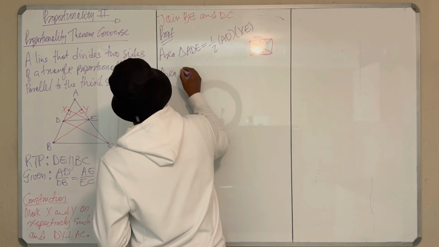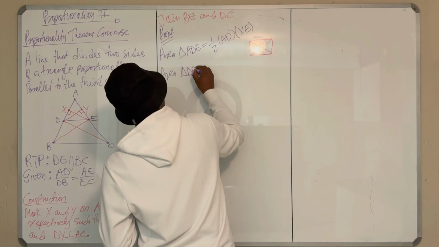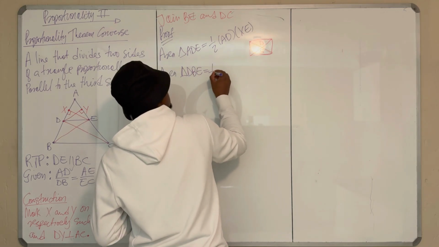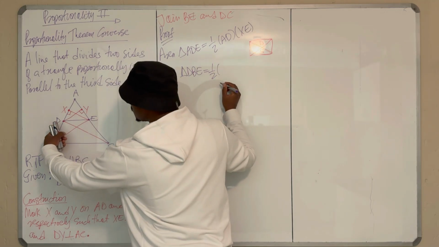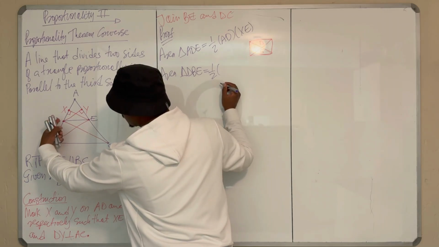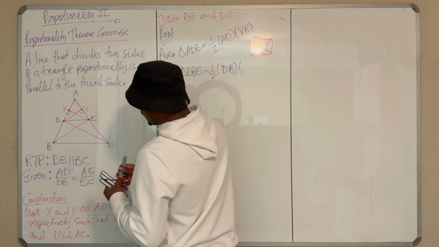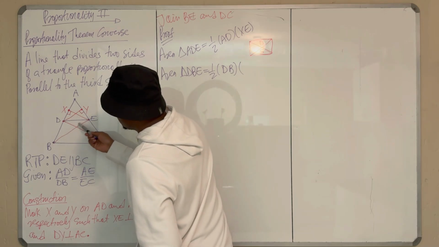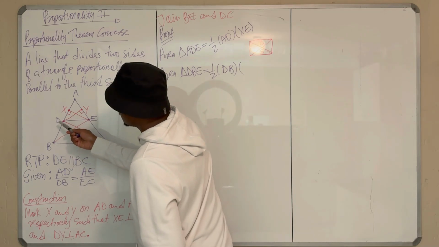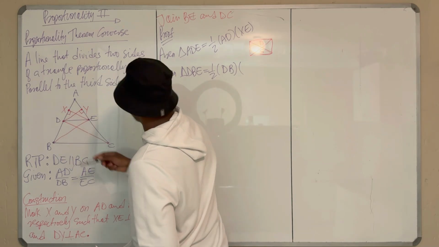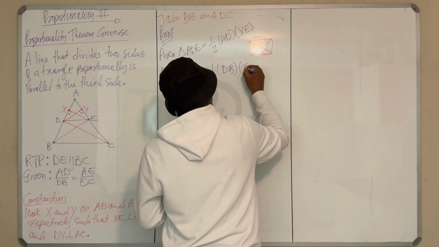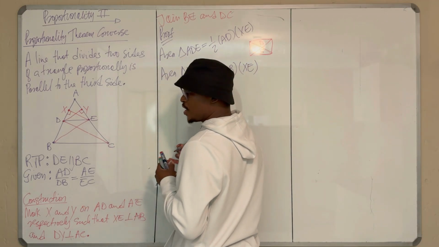So we're going to say area of triangle DBE equals half base. What is your base? Your base is DB. DB times perpendicular height. If you look at this, DBE is an obtuse triangle. So its height is there. It's XE. So times perpendicular height XE. We're done with this part.